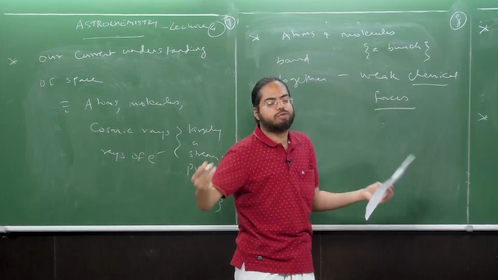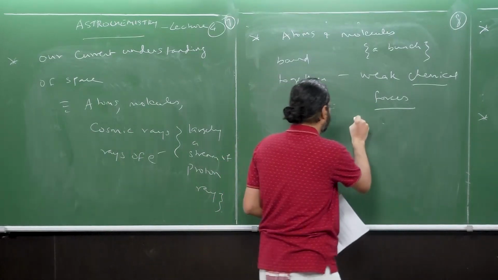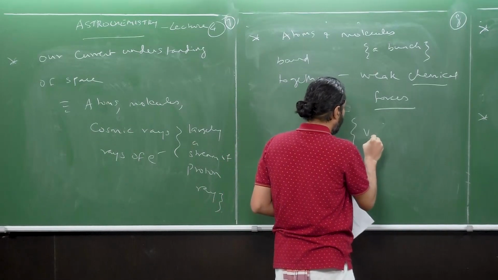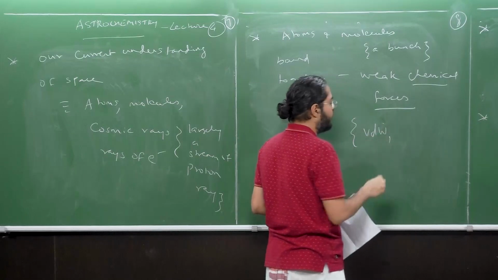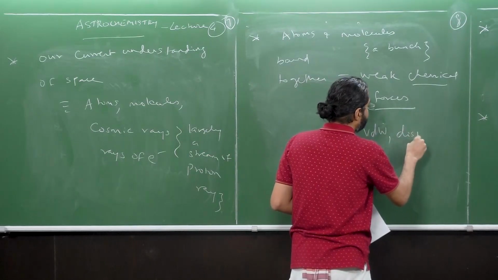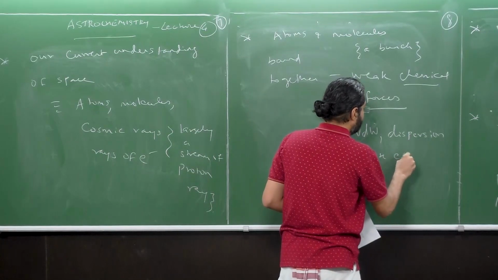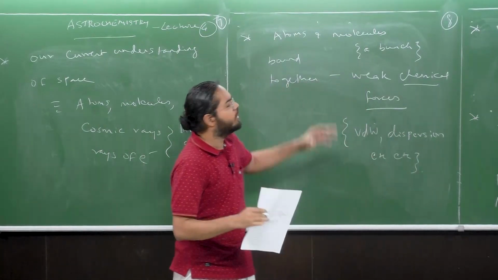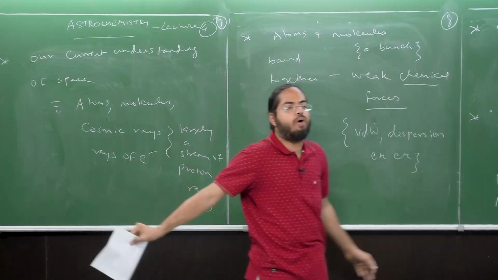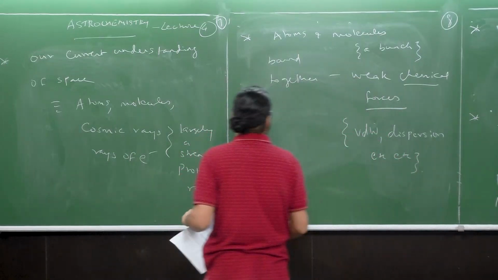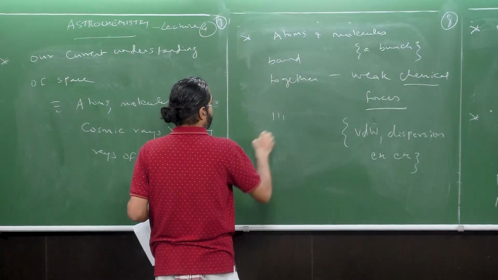Now, what are the weak chemical forces I'm talking about? I'm talking about the conventional van der Waals forces, the dispersion forces, etc. All right. So they all come together and they form what are called interstellar clouds.